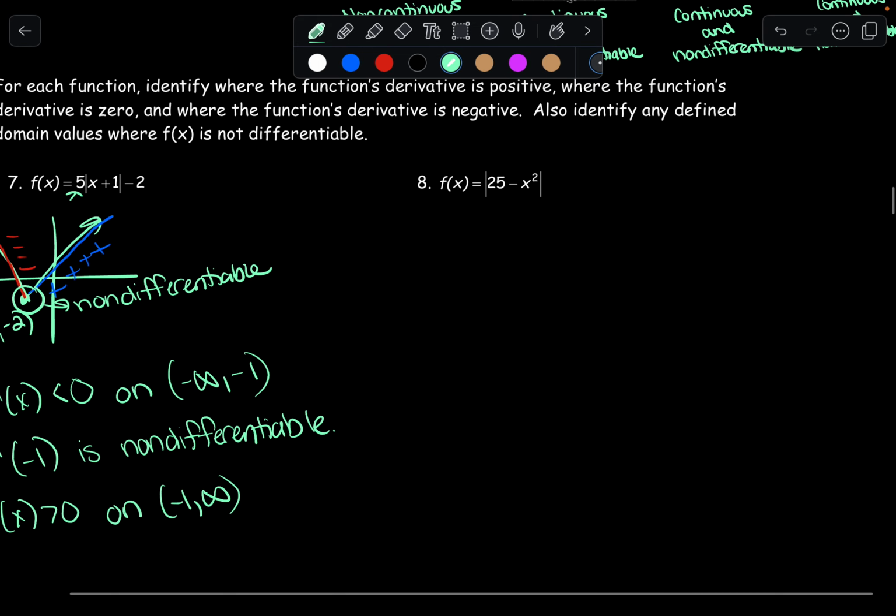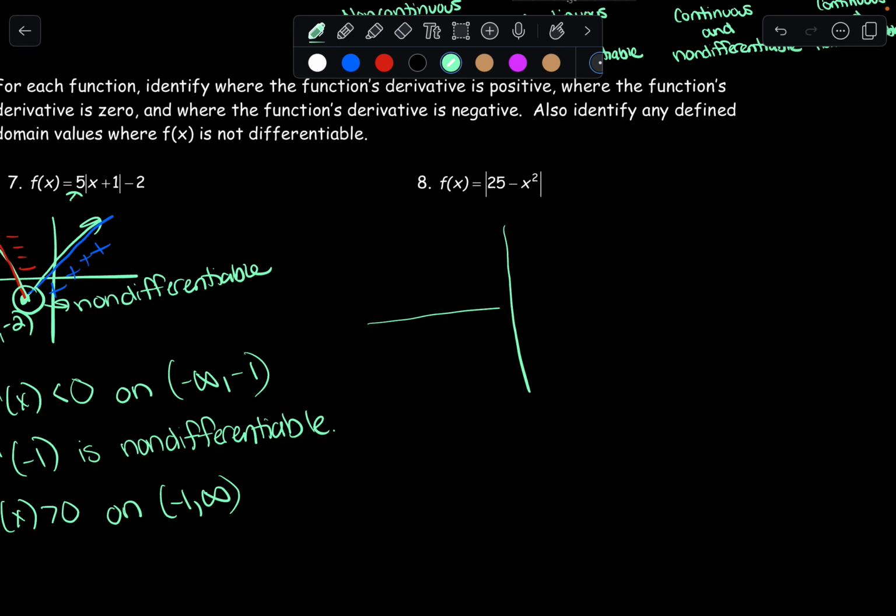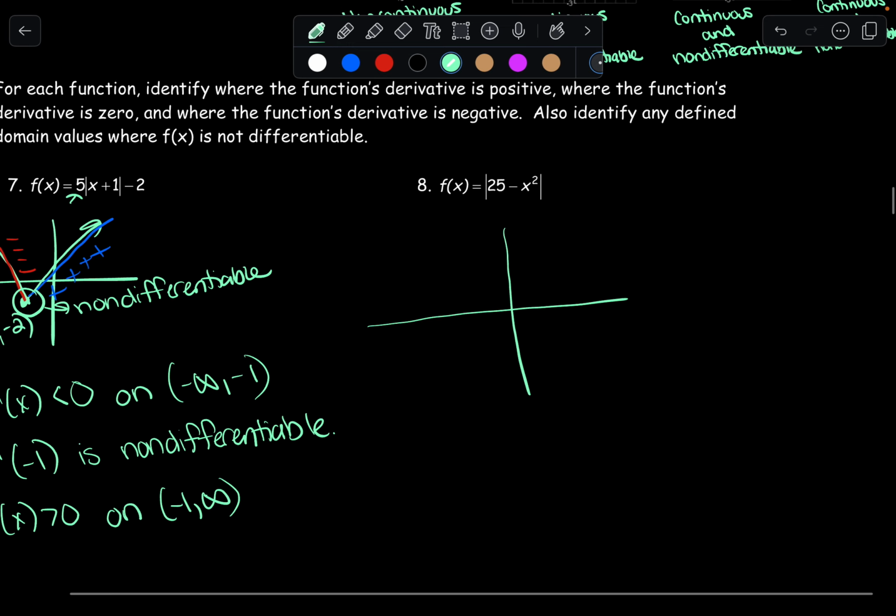All right, this next one, we have a parabola, and we're applying an absolute value. So if we draw a sketch of this, think about what's happening with this parabola. It's 25 minus x squared. The negative is in front of the x squared, which means the original parabola will be facing downwards, okay? So that means our vertex is going to be at 25.